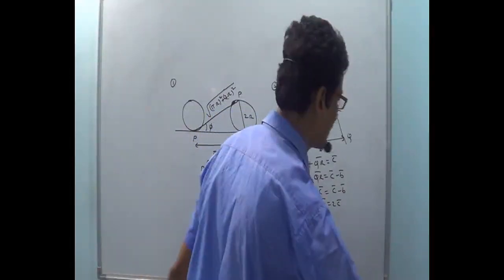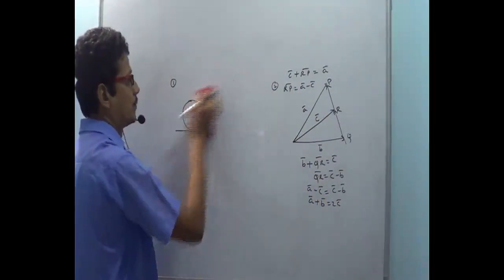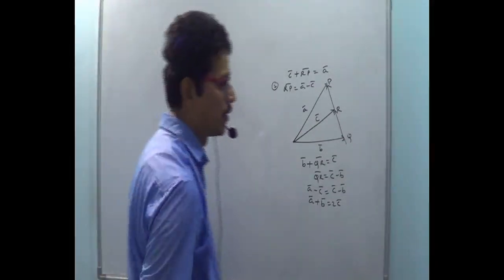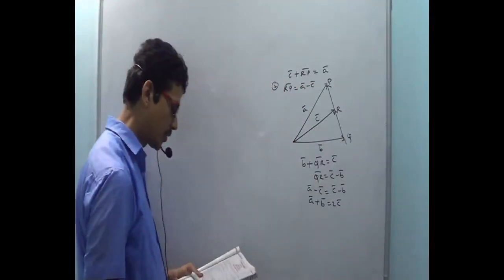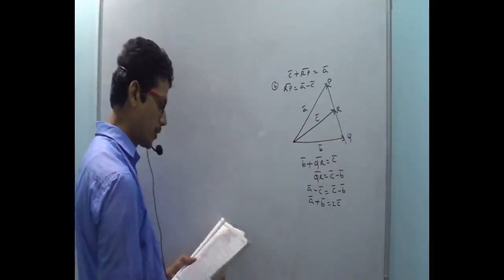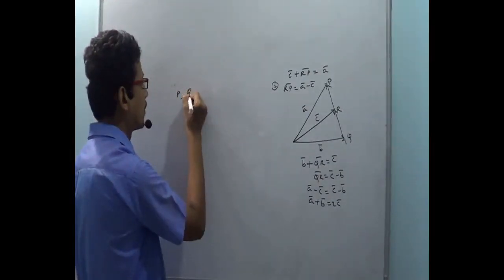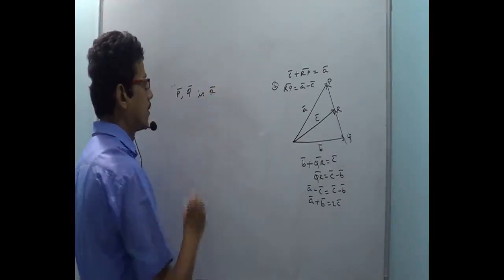Next, third problem. Let us do the third problem. The resultant of two vectors P bar and Q bar is R bar. The resultant of these two is R bar, okay?